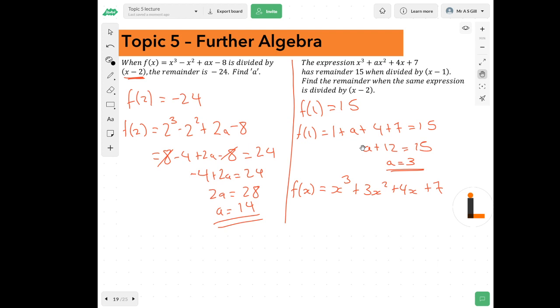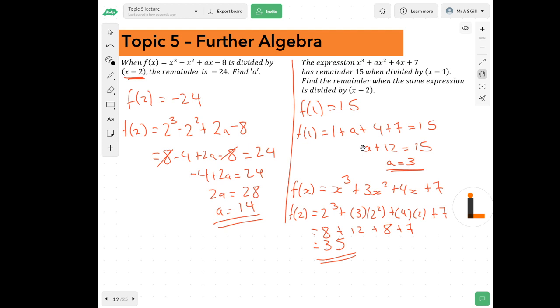And then part 2 is going to be working out f of 2. So we should get an answer here of 35 for that second part.